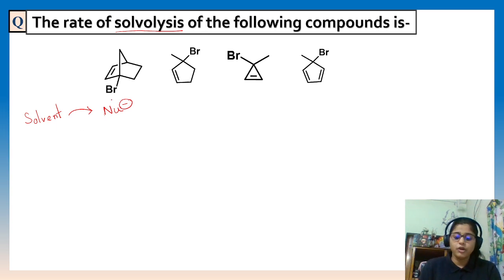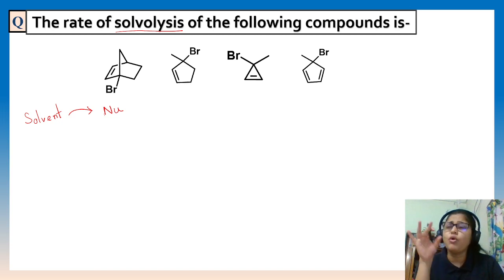So the solvent molecule is acting like a nucleophile and the reaction is going through the SN1 pathway. This is called a solvolysis reaction. This is a kind of substitution reaction where no other external nucleophile is added, only the solvent molecule in the reaction medium is acting like a nucleophile.